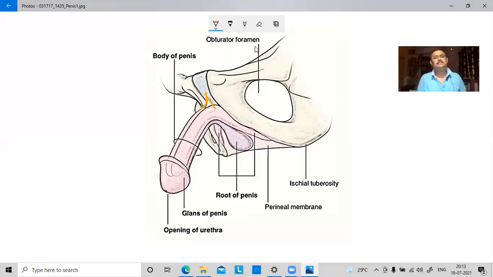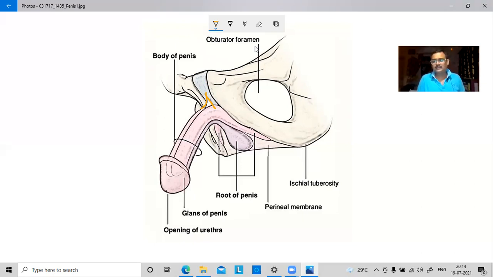One is erection of the penis followed by the ejaculation of the semen. Now, this erection and ejaculation is an integrated synergistic phenomenon. First, there will be erection followed by ejaculation. But sometimes there may be only erection, sometimes only ejaculation without any erection. But that suggests there is some disturbance in the integration of this phenomenon.